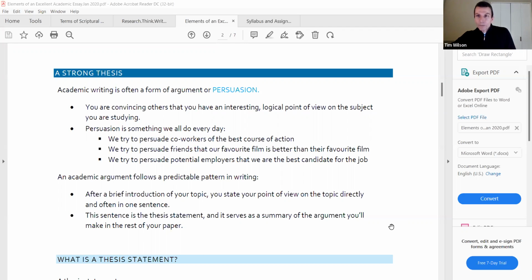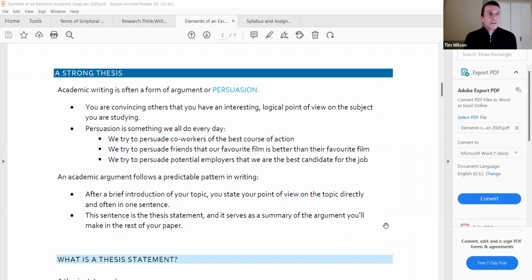The mechanics have to be there so that it can be understood. By mechanics, I mean basics of grammar and diction. So what is a strong thesis? And this is my attempt to try to explain this. Maybe you've had different attempts at this, but try to take what you can from other attempts as well as this one.